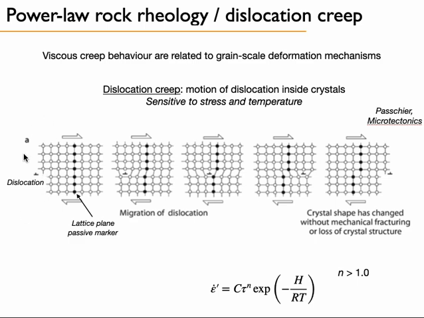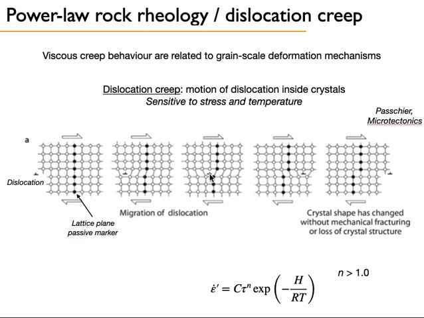We start from the left side of the picture. You have a dislocation indicated by this symbol here, and this is a lattice of a grain. This black line is a passive marker. It's the black lattice plane here. Simple shear deformation is applied to this lattice, and the dislocation is migrating inside the grain.